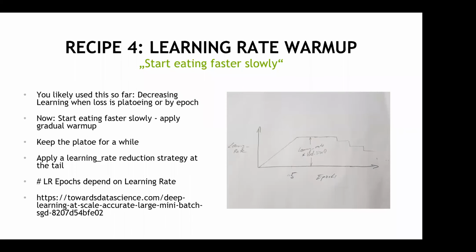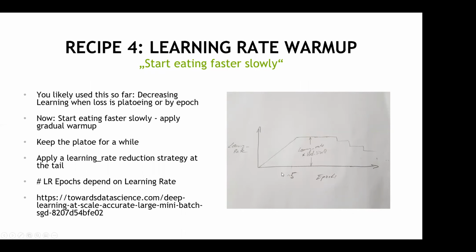Learning rate warm-up is to start gradually increasing the learning rate. I did a hand figure for it. My favorite way of telling it is: start eating fast slowly. So in the beginning, some have a step function, some do it linearly, but you use a couple of epochs for the warm-up.